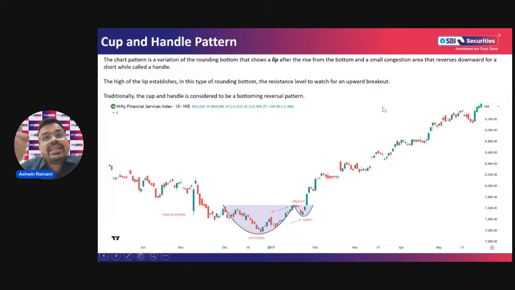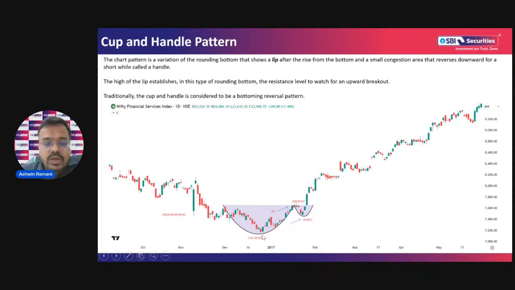But nevertheless, in that same context, a cup and handle pattern shows that it's a variation of a rounding bottom. So in a rounding bottom, there is a rounding bottom and breakout, and the price moves up. What is that variation in cup and handle? So the price is already in a downtrend. So you can see this is the Nifty Financial Services index chart. यहाँ पे आपको एक rounding bottom दिखा है.